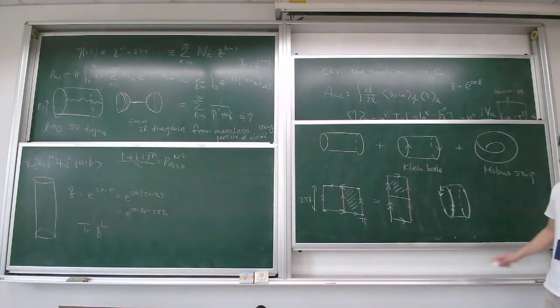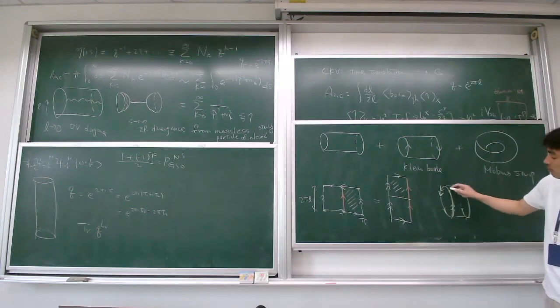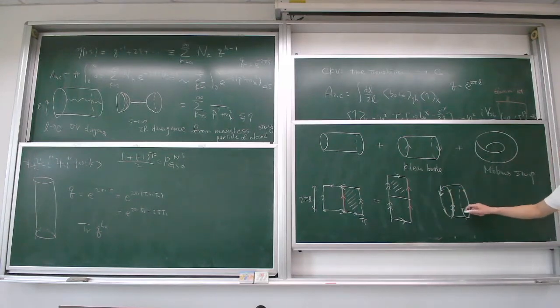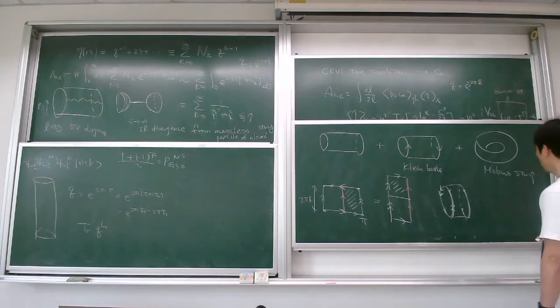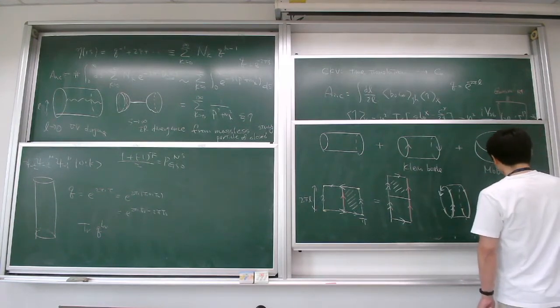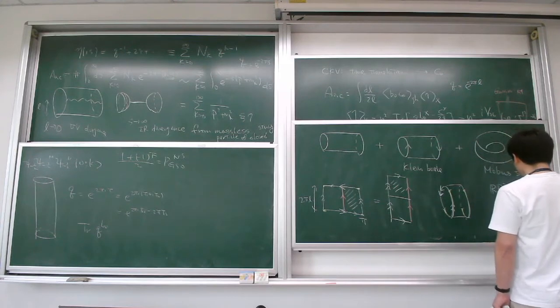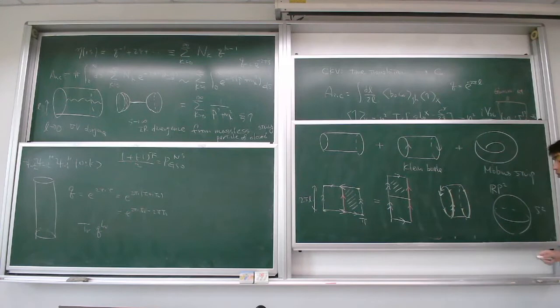And then you identify this yellow line and the white line, the same as the yellow line and white line in the opposite. So this is really what happens in RP2. RP2: if you consider a sphere S2, and you identify the antipodal points.